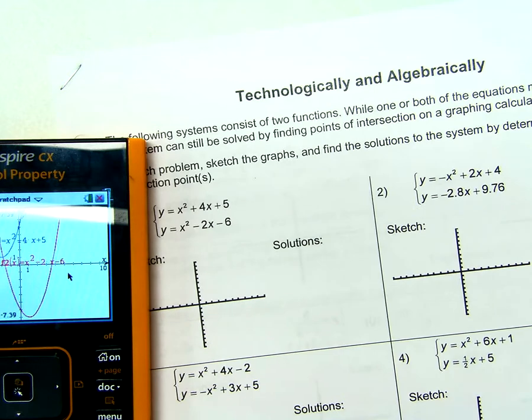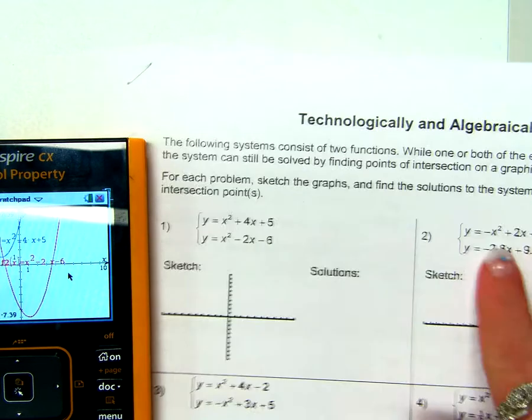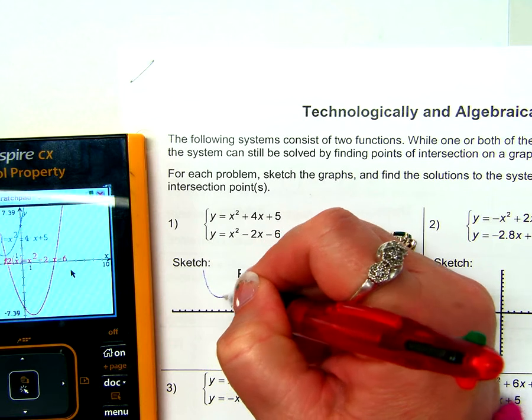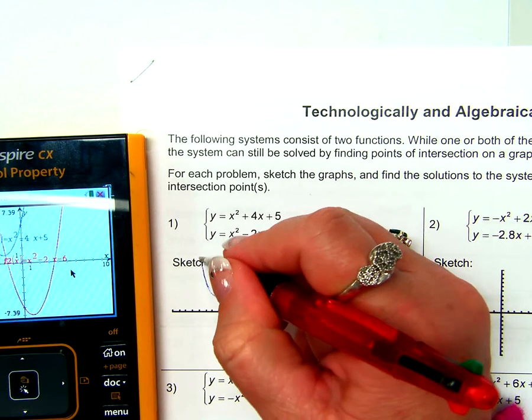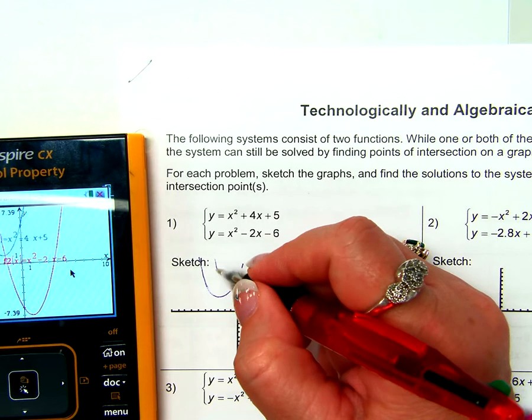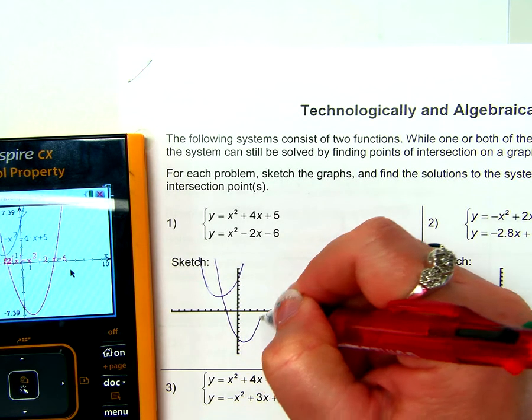So I've got one graph that's here-ish, right? And then I've got one graph that's here-ish.